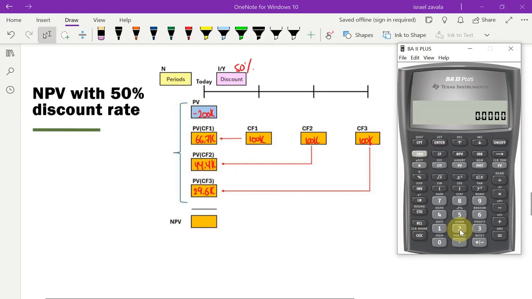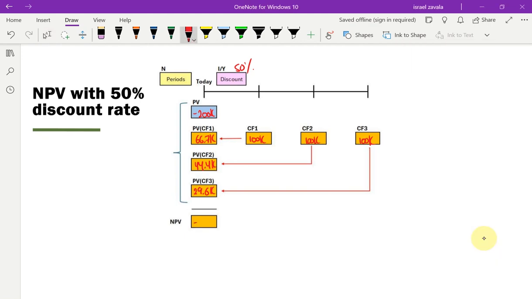I'm going to take my 200,000. Okay, going to make that negative. I'm going to add 66.7 plus 44.4 plus 29.6. Okay, and that gives me negative 59.3 thousand.